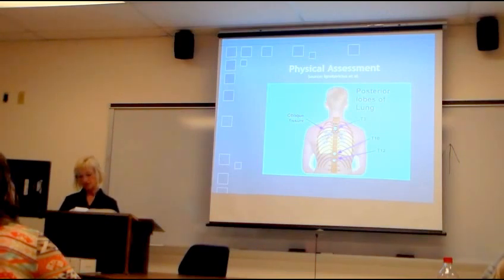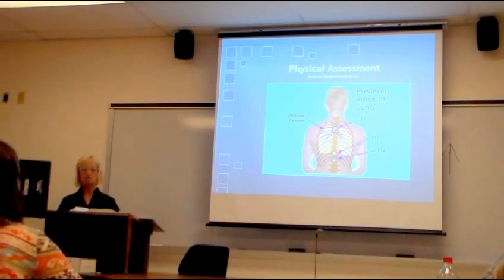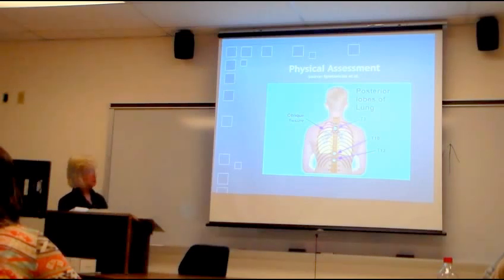Look at the chest and compare one side to the other. Start at the top, work side to side, and go down. And look for abnormalities, discoloration, scars, lesions, masses, or spinal deformities, like curvature of your spine, lordosis, that kind of thing.